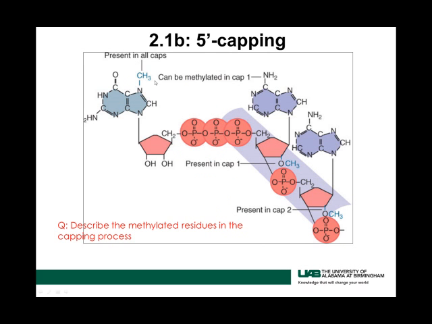So you can have methylation in the first base, which is G, or methylation in the second base right here, or also methylation in the 2' OH of the second and the third ribose sugars right here. It's the first ribose sugar, second ribose sugar, and third ribose sugar. So methylation in the first two nitrogen bases, methylation in the second and third 2' OH of the ribose.